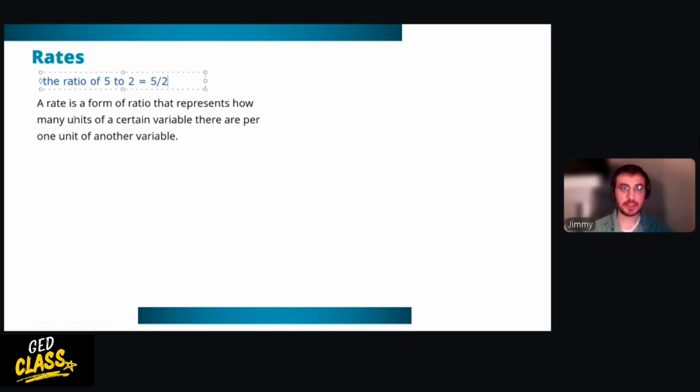Basically, a rate is a form of ratio in which you've got some kind of unit of measurement on the top piece of your ratio, and some other unit of measurement on the bottom piece. Let me use our example, the ratio of 5 to 2.